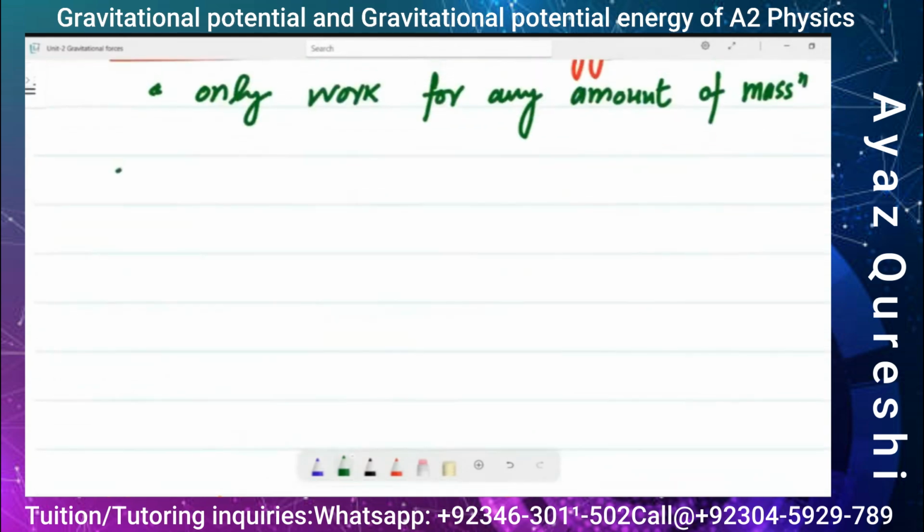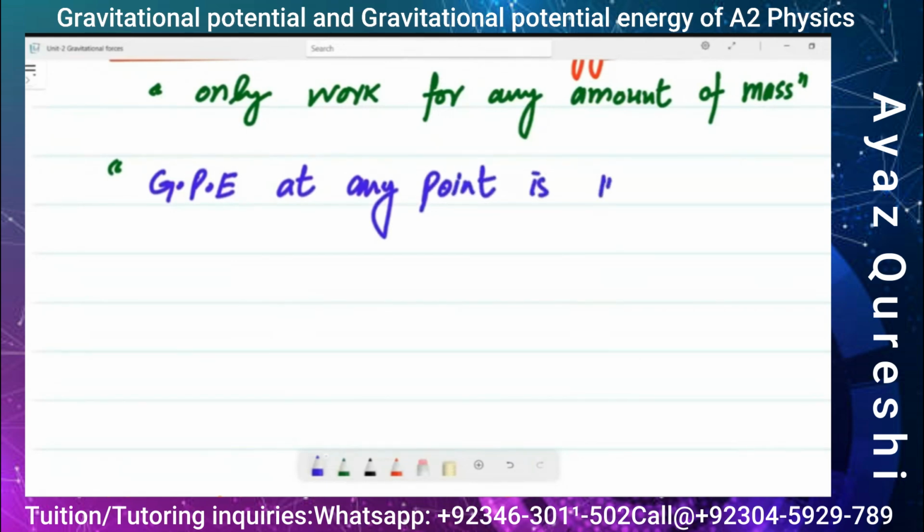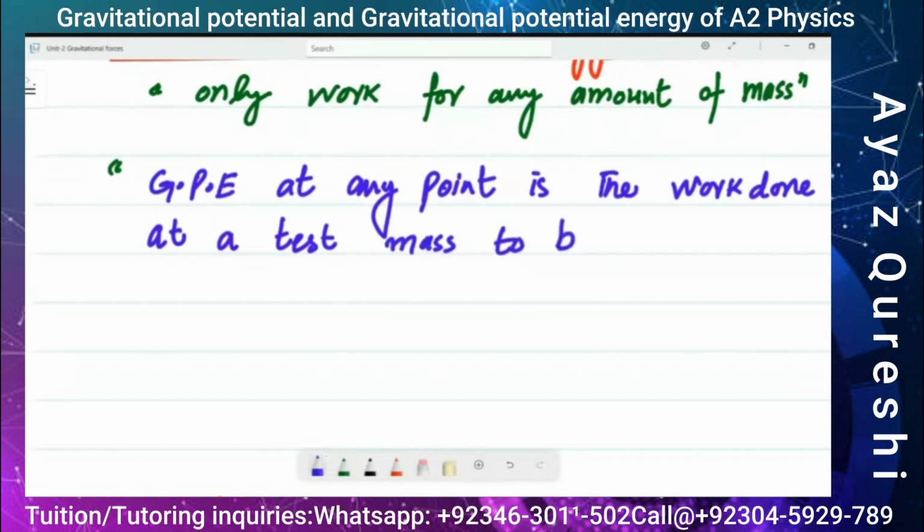I can simply define it that gravitational potential energy at any point in a gravitational field is the work done on a test mass, the mass you are going to test, to bring it to that point from infinity.